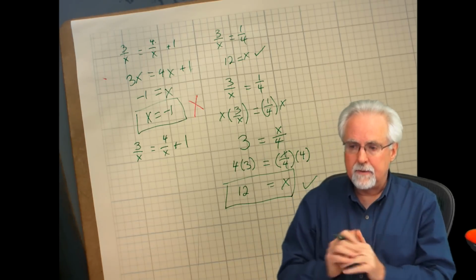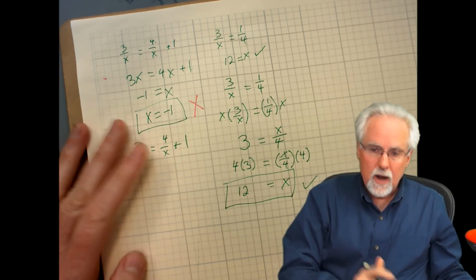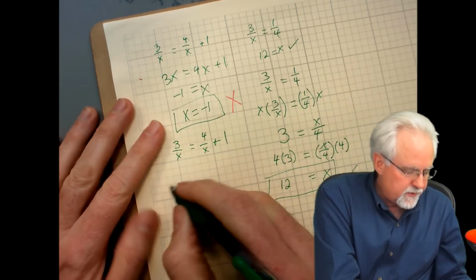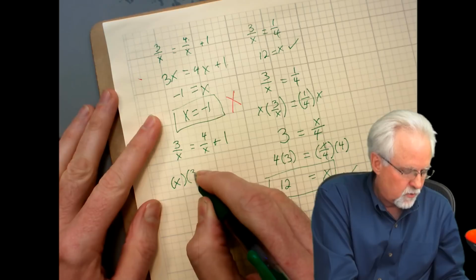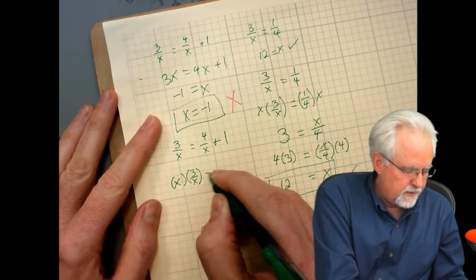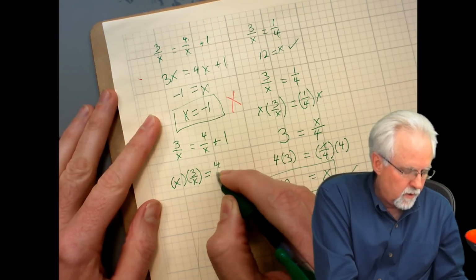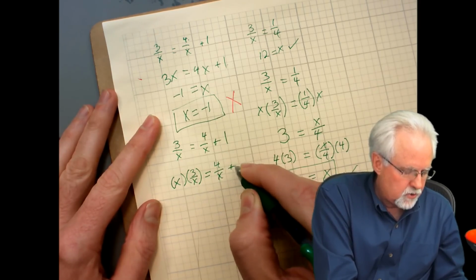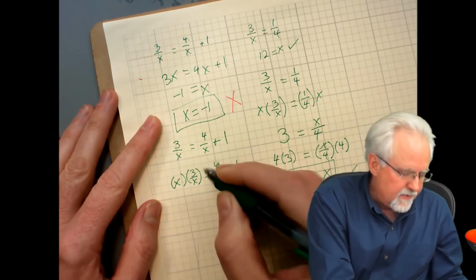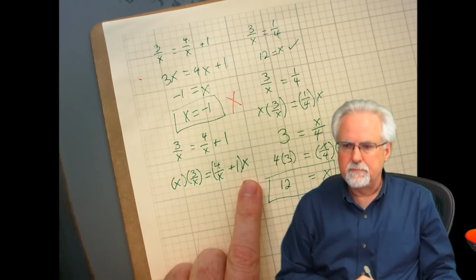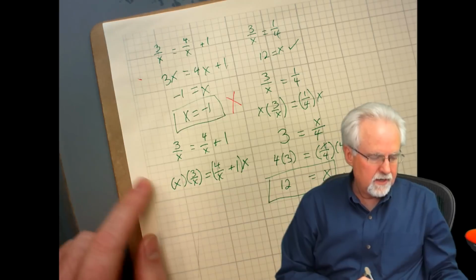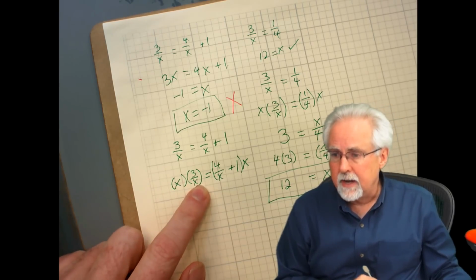Now I want to show you the right way to do it. Use your parentheses. So I'm going to say x times 3 over x is equal to 4 over x plus 1. And then I got to put parentheses in and multiply that side of the equation by x. So x over x cancels, right?